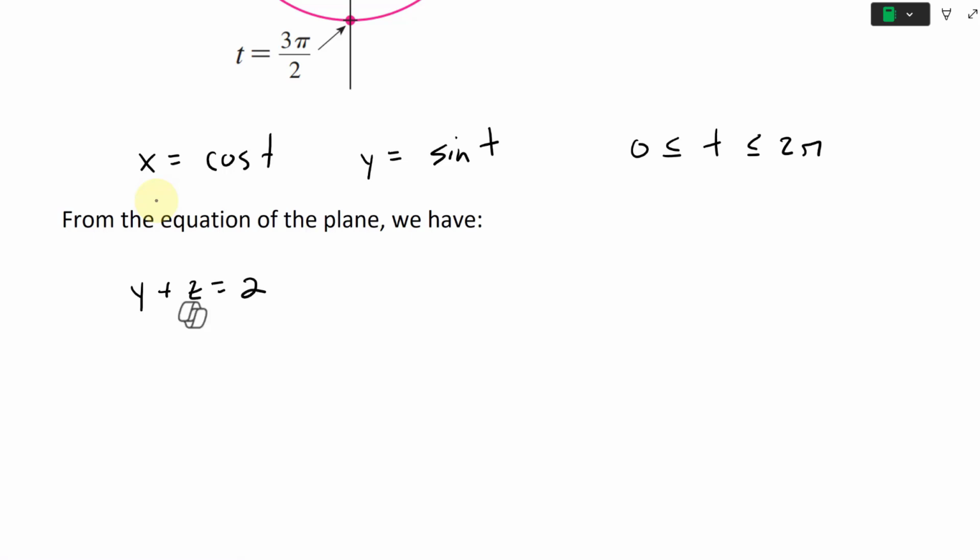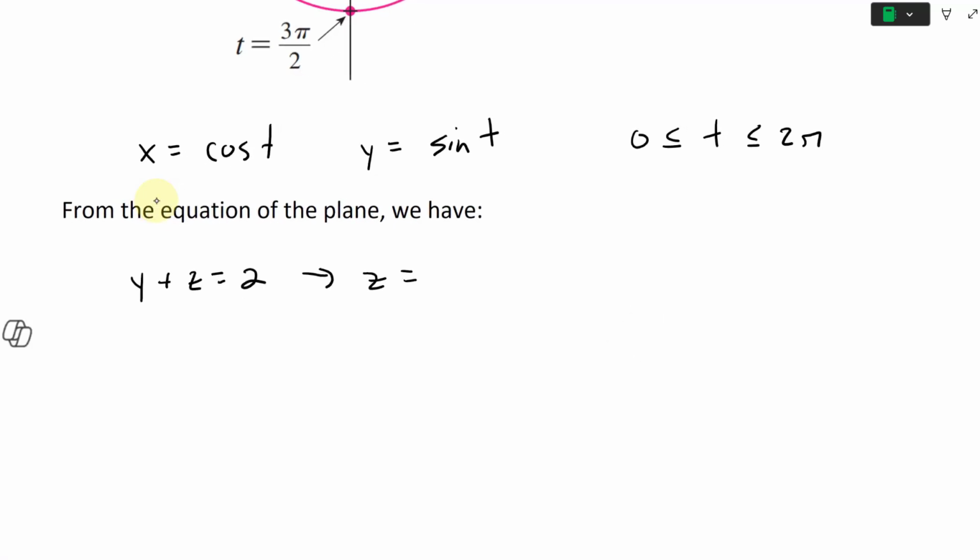So then, for parametric equations in 3D, our z, rearrange that, move the y to the other side, so we have positive z. We're going to have z equals 2 minus y, and y is equal to sine t. So this equals 2 minus sine t, like that.